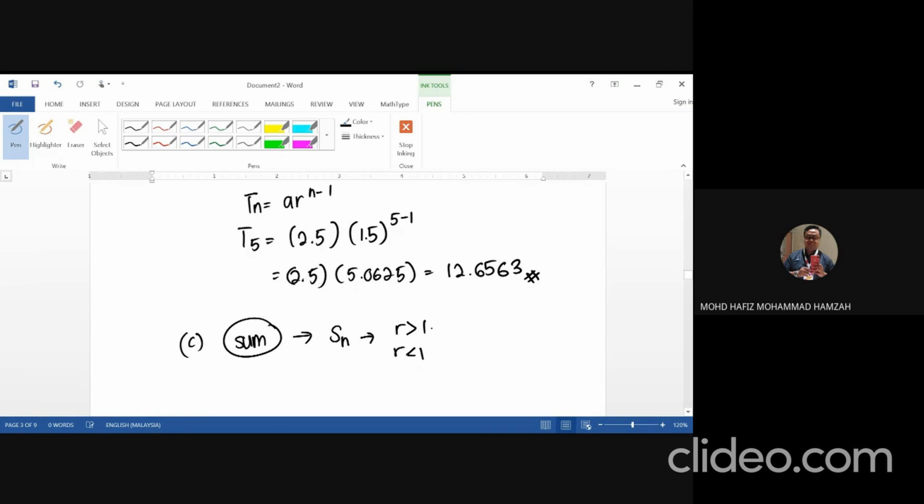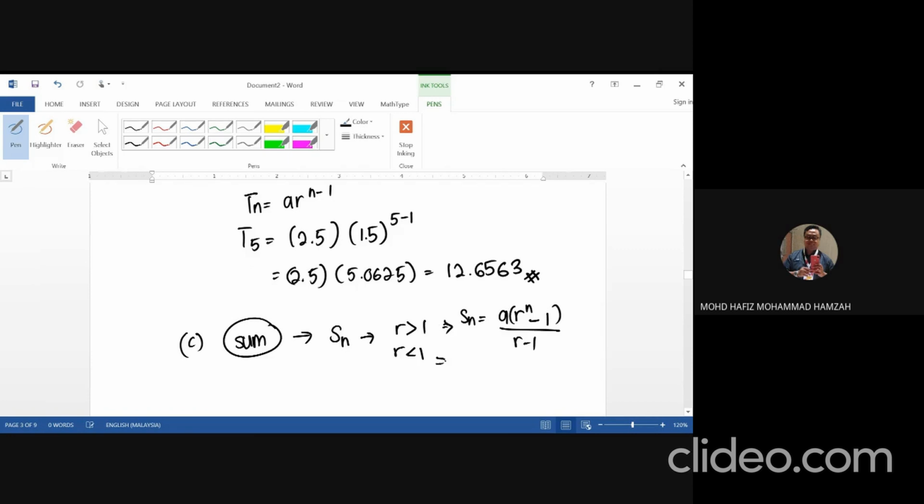So kalau tengok dekat sini, formula dia, kalau untuk R less than 1, R greater than 1, formula dia Sn sama dengan A R kuasa N tolak 1 per R tolak 1.